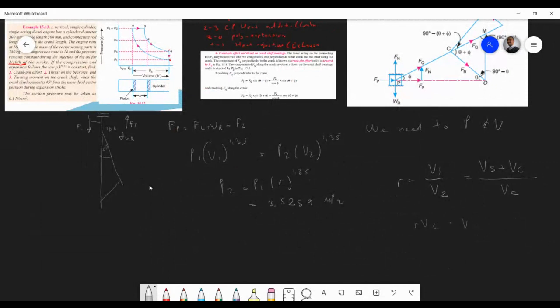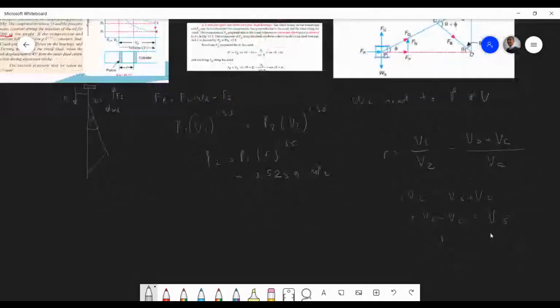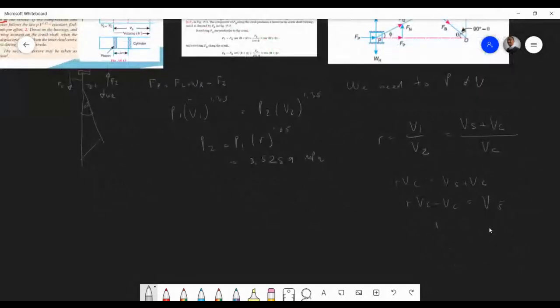R VC equals VS plus VC. We're looking for VC really, so how can I get VC on its own? I bring it over: R VC minus VC. Then take VC as a common factor, so we have R minus 1, equal to VS, and VC is basically equal to VS over R minus 1.